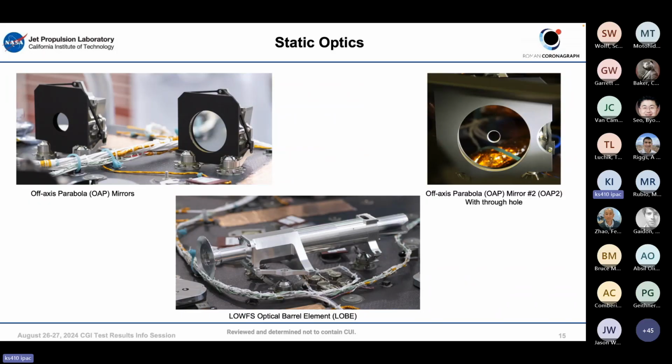The static optics, there are 9 of them. 4 of them were produced by our international partner LAM using stress polishing techniques. And here's a picture of the OAP2 with its hole in the center, and the low order wavefront sensing optical barrel element.